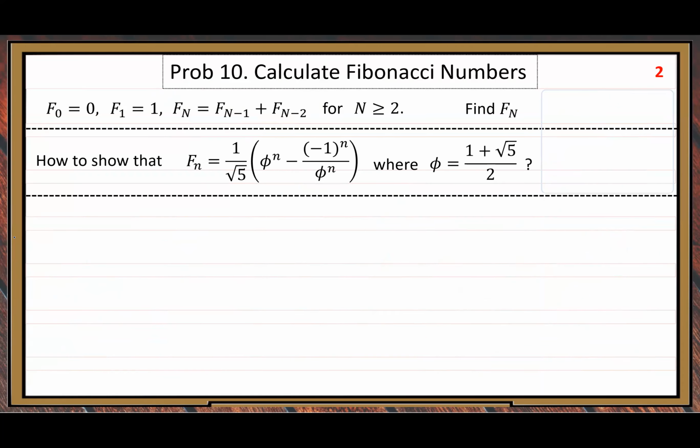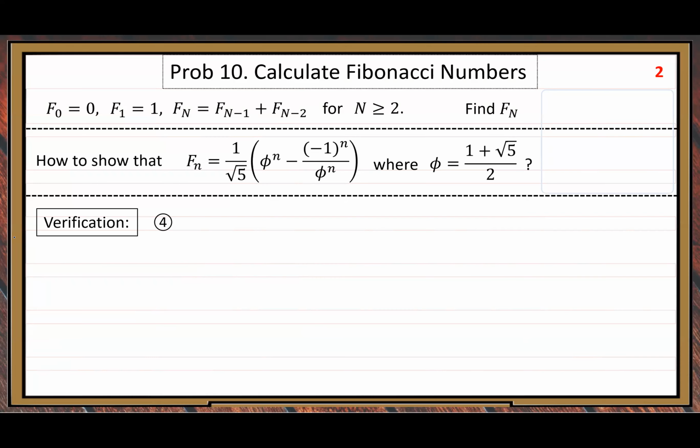But here, I like to do another step. This time I will use a different way to do verification. Because from the previous step, you can see when you calculate a certain power of golden ratio, it becomes more and more complicated, right? So people don't like to do that kind of calculation.